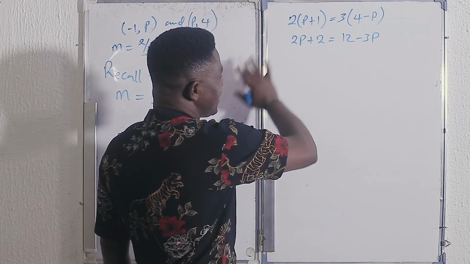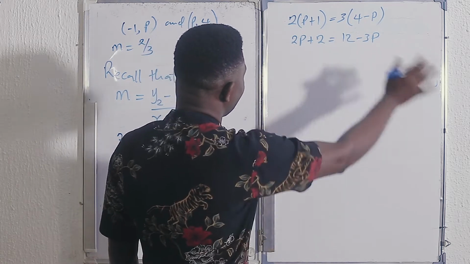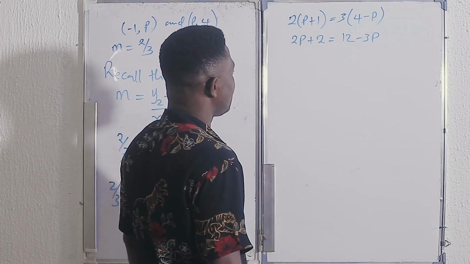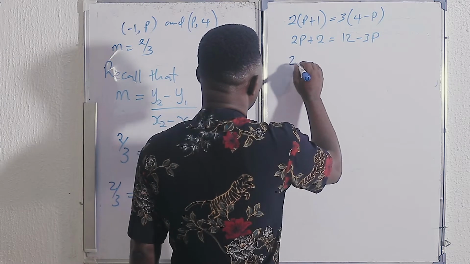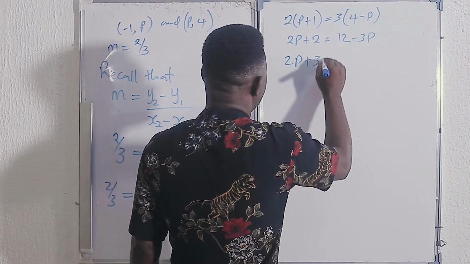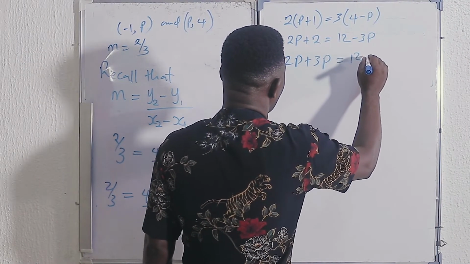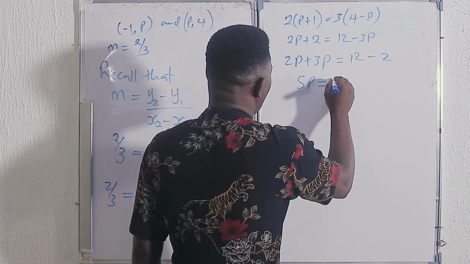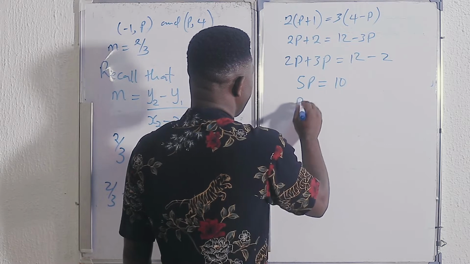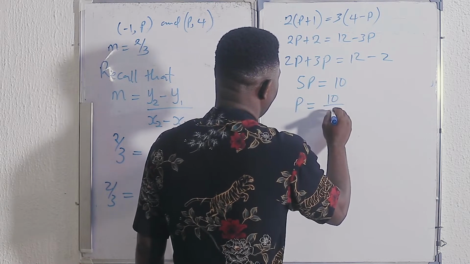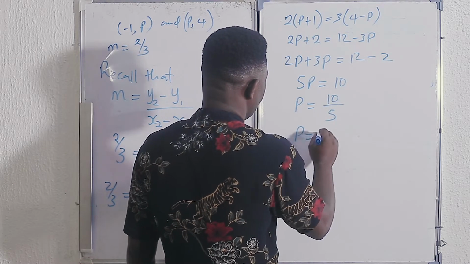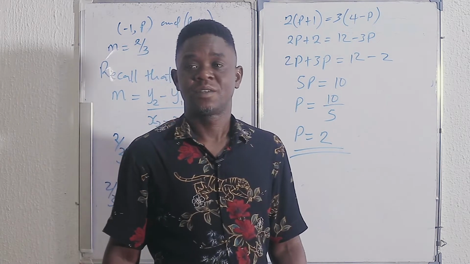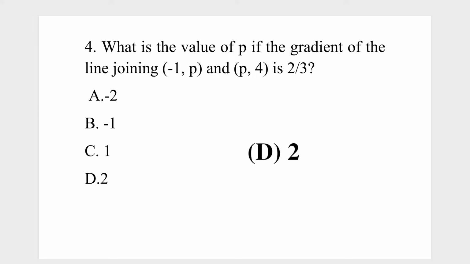So we bring everything that has P to one side and take everything that has no P to the other side. So here we have 2P plus 3P is equal to 12 minus 2. 5P is equal to 10. P is equal to 10 all over 5, and P is equal to 2. So your correct answer there is D.